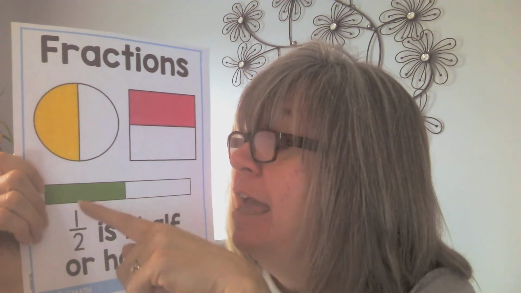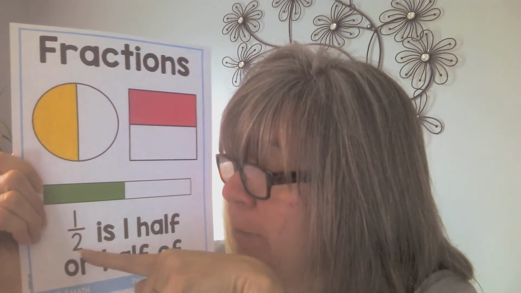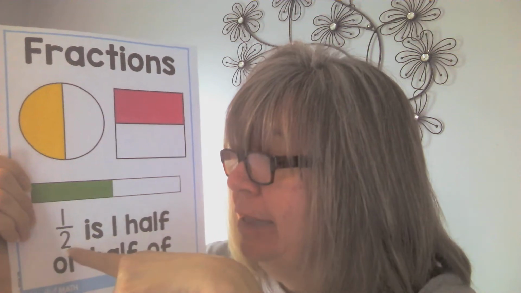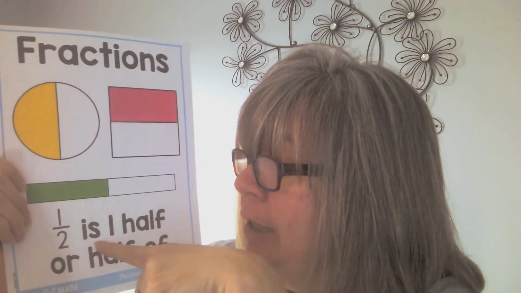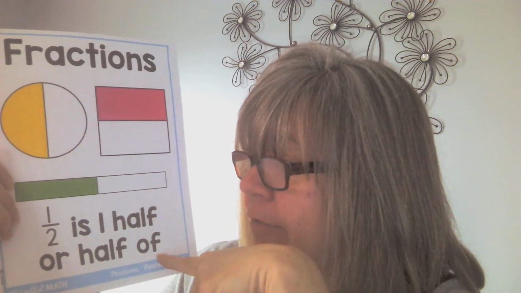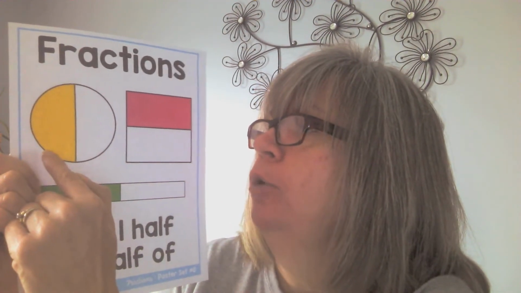A fraction is a funny looking number because it's a number over top of another number with a line in between. That means half. Look, it says 1/2, which is one half or half of. So you don't say one-two, you say one half. That's a little bit confusing. So here, half of the circle is yellow.